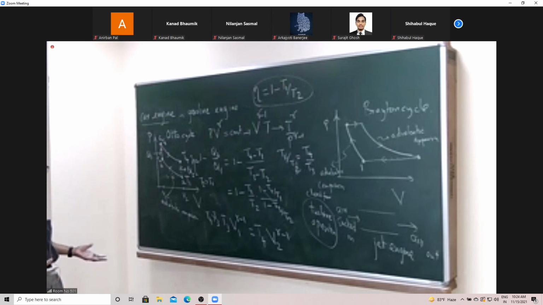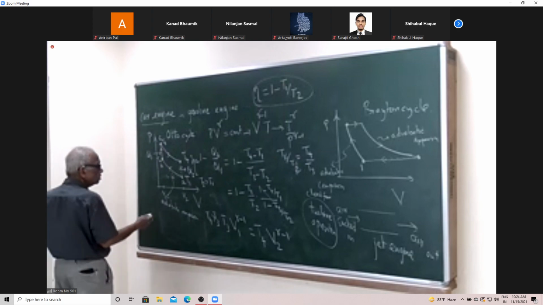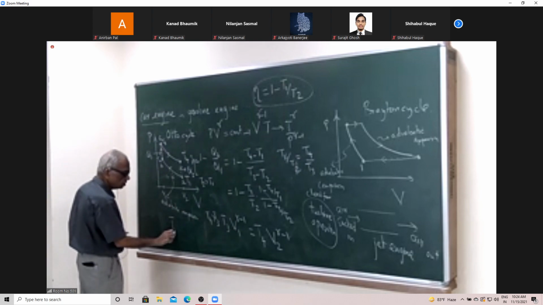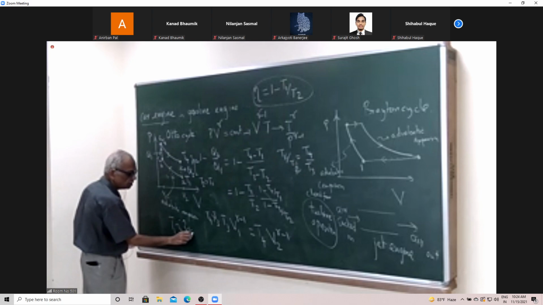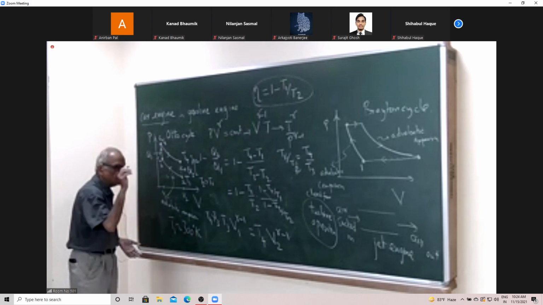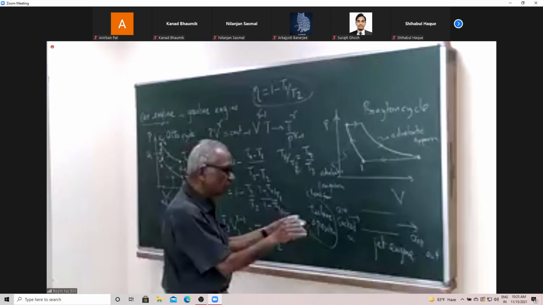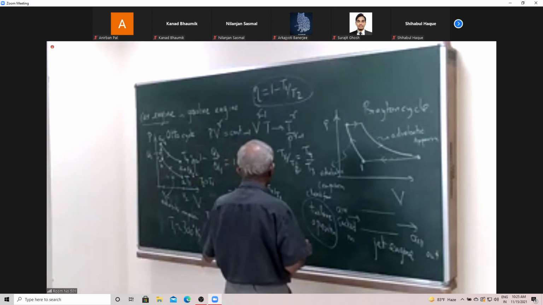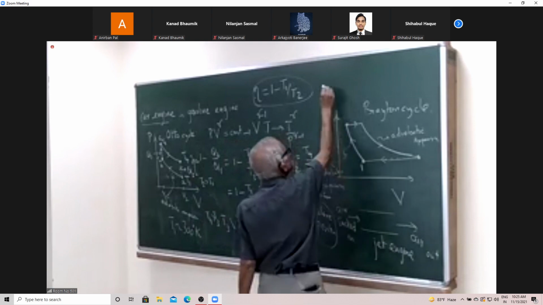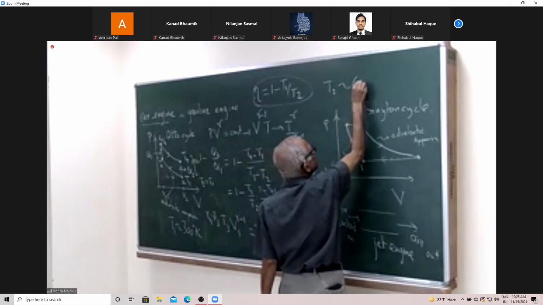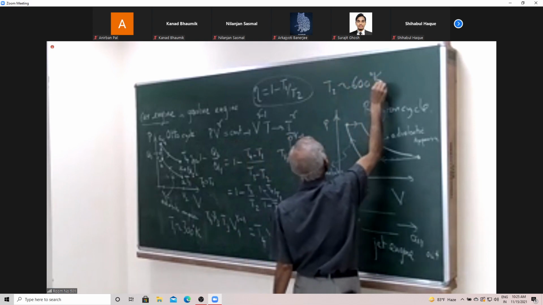So how much does it come to? T1 is room temperature, so T1 is like 300 degrees Kelvin. Pushing in and igniting the ignition takes you up to a temperature which is roughly 600 degrees Kelvin.